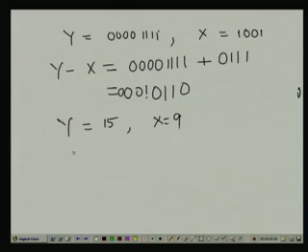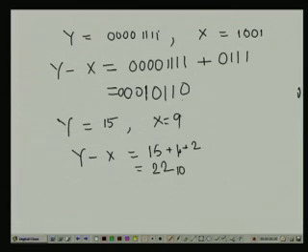Here, what is y minus x? Y minus x we have got is 0 1 2 4 8, that means 16 plus 4 plus 2. So, 22, this is decimal.